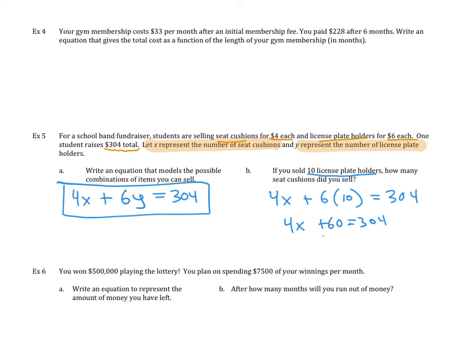Subtract 60. 4x equals 244. Divide by 4, divide by 4. I think that's 61. Let me confirm. 61. So that would be 61 seat cushions.